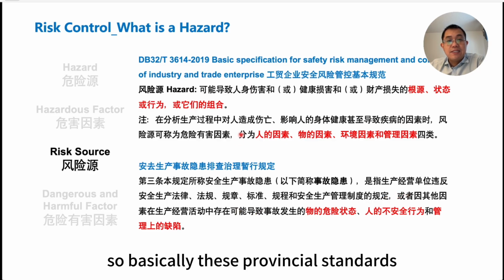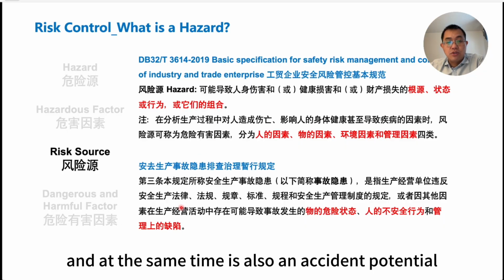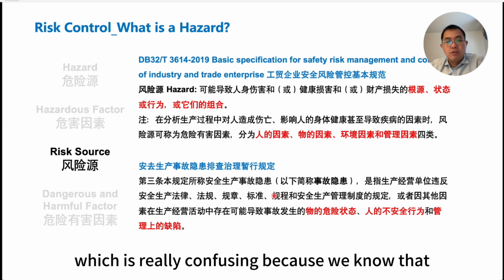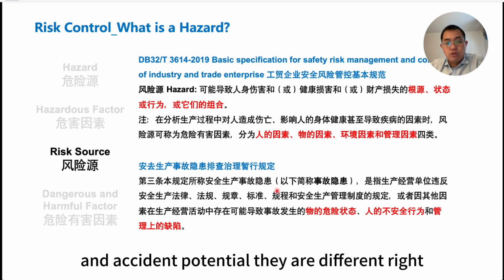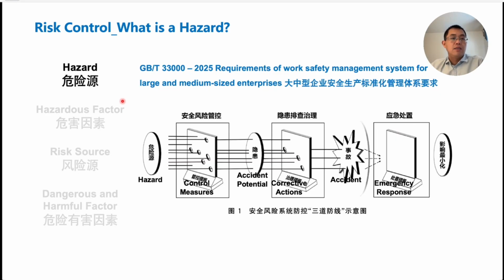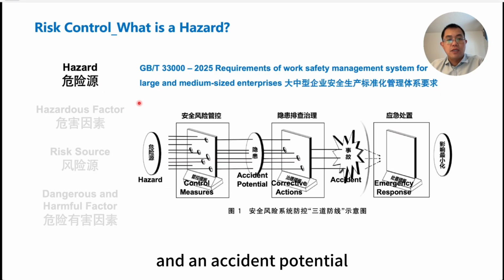So basically, this provincial standard seems to be saying that a risk source is a hazard and at the same time is also an accident potential, which is really confusing because we know that a hazard and accident potential are different, right? Let's take a moment to look at the difference between a hazard and an accident potential.